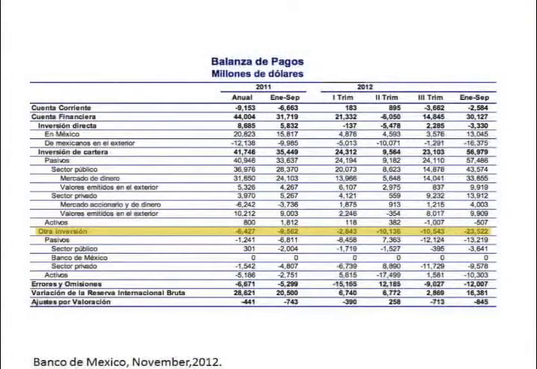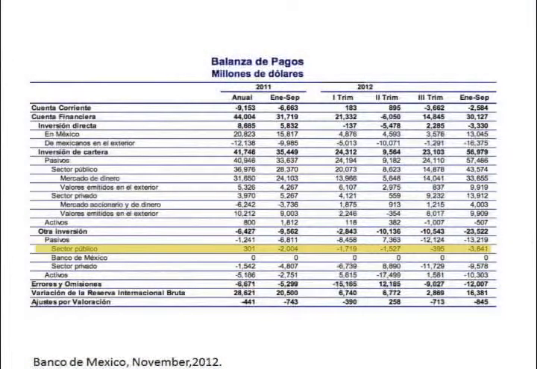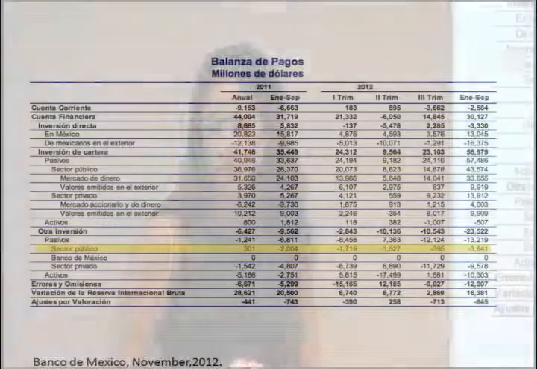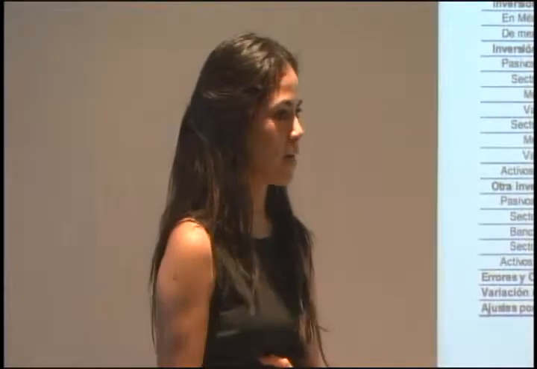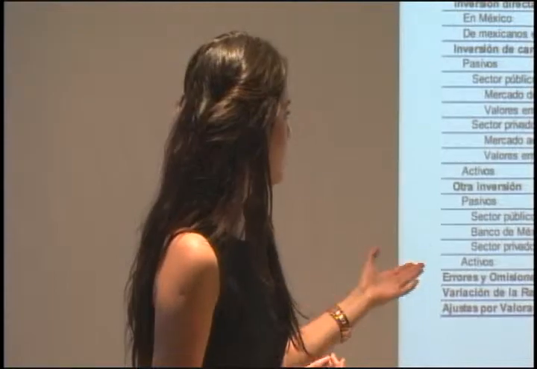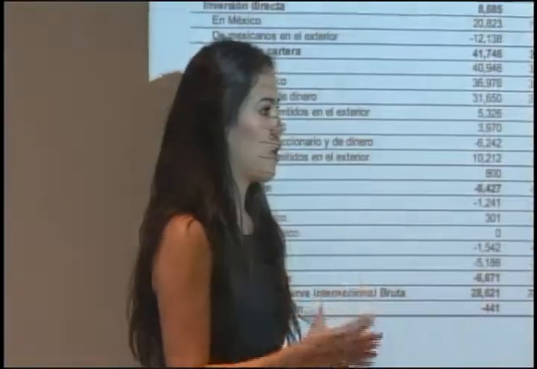Also, in the area of other investment, which is here, it is shown public and private debt. The public sector, I found this very interesting, has debt, which I think wouldn't be that way because we as citizens are paying taxes, and the government gives the public sector an amount to spend on.